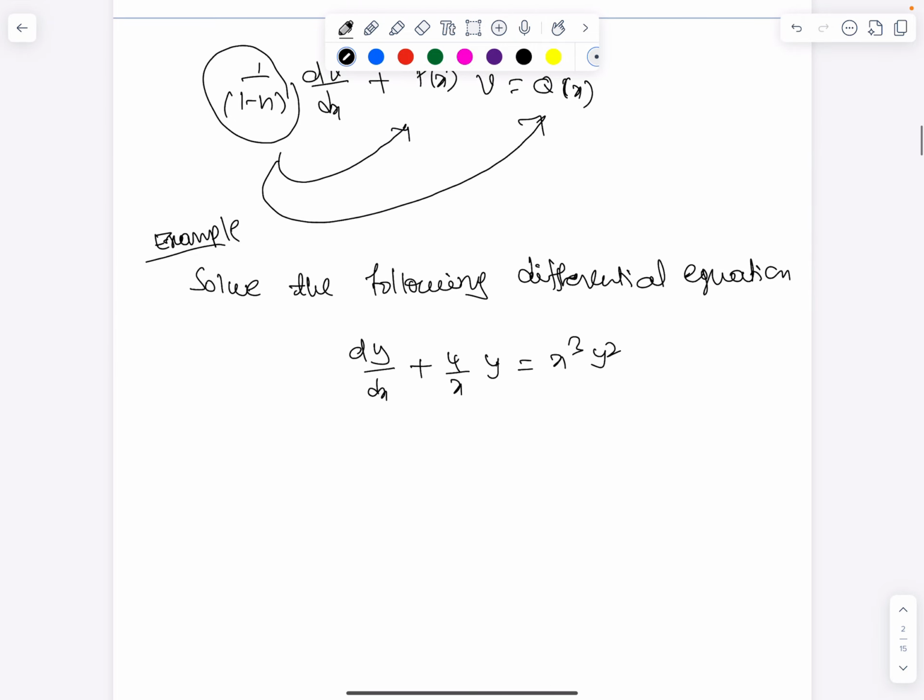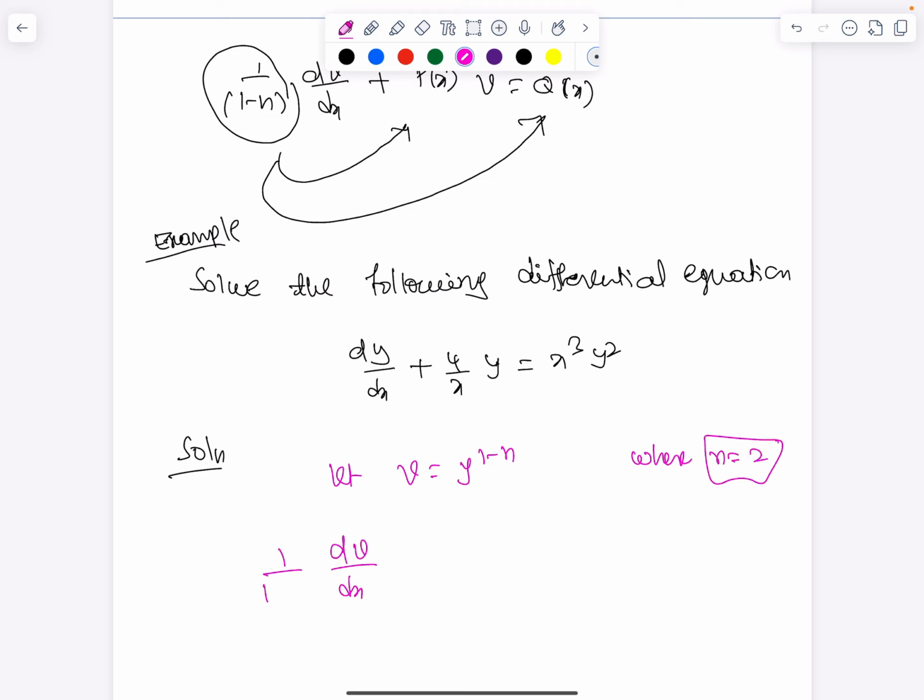What is the solution to this? We have to start with v equal to y power 1 minus n. If you want to compare, n is equal to 2 in this case. We have seen that dv by dx into 1 by 1 minus n must be equal to y power minus n dy by dx.